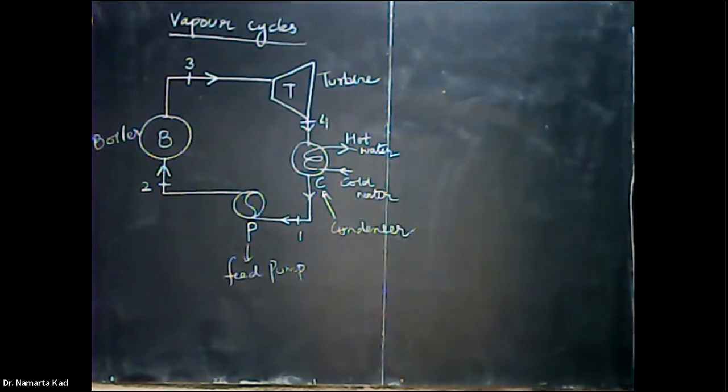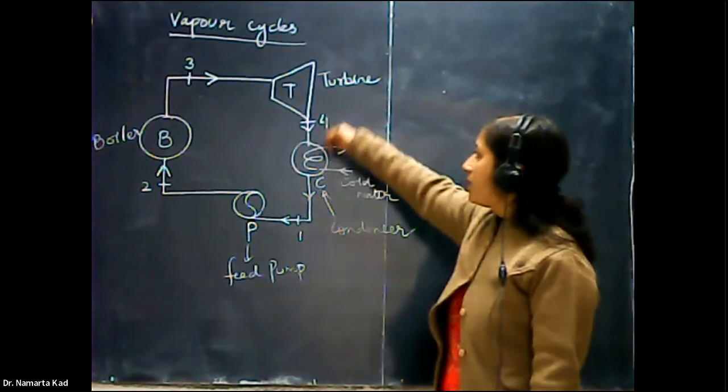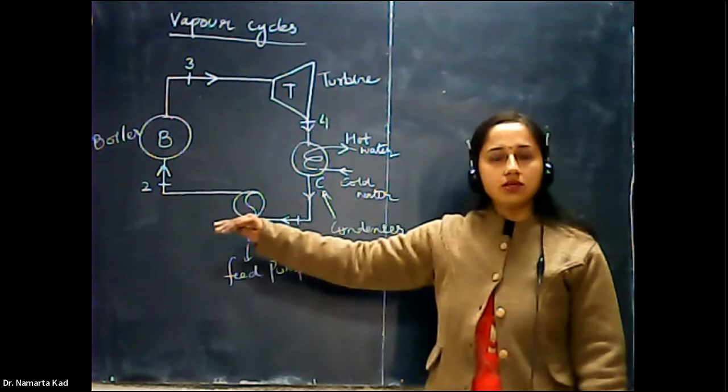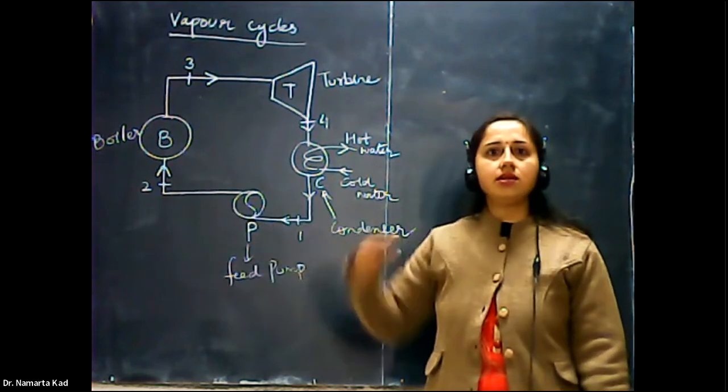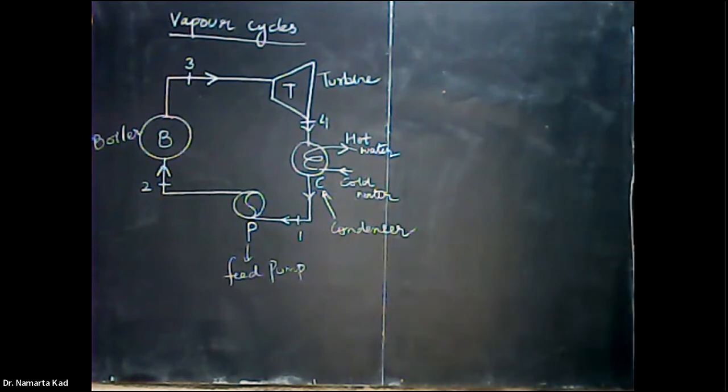In the condenser stage, the exhaust steam from the steam turbine is passed through a heat transfer device called the condenser, where the heat is released. The steam is condensed in the condenser by rejecting heat to the cooling water.